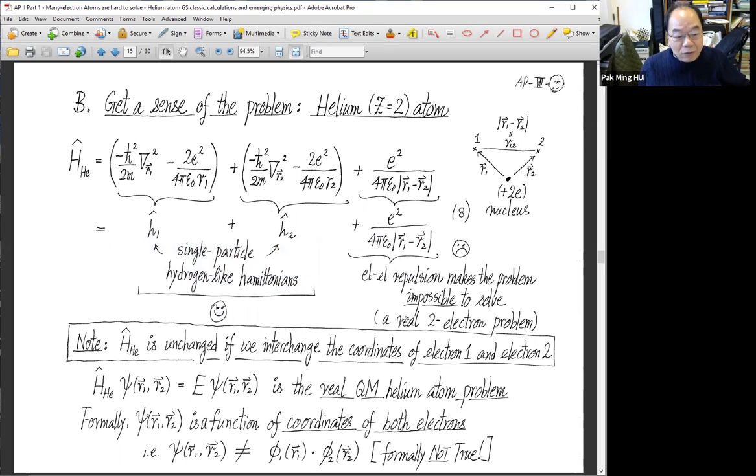First of all, let me remind you, the helium atom problem is this Schrödinger equation. This is a real many-body problem, a 2 electron problem. That is to say, the wave function in principle cannot be written as a product of single electron states. This is not true, strictly speaking.